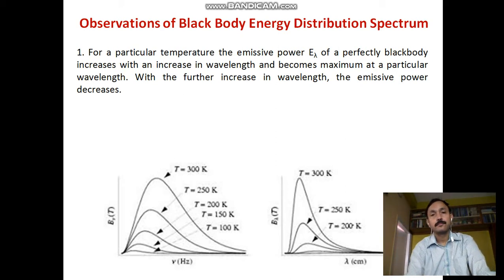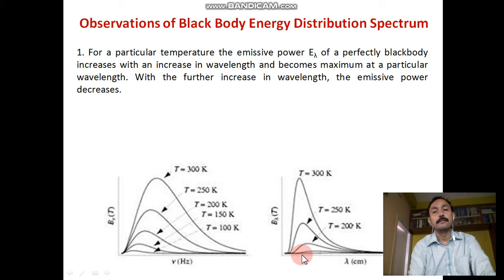Observations of the black body energy distribution spectrum. Number 1: for a particular temperature, the emissive power E lambda of a perfectly black body increases with an increase in wavelength.